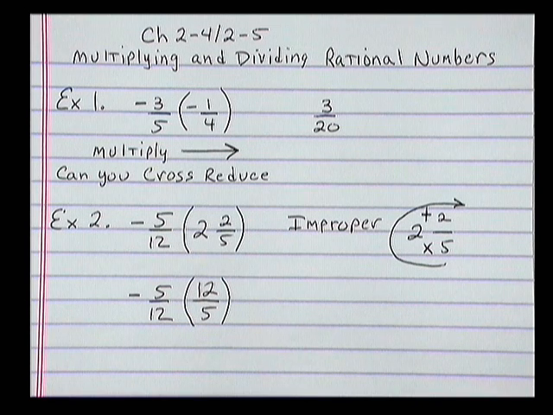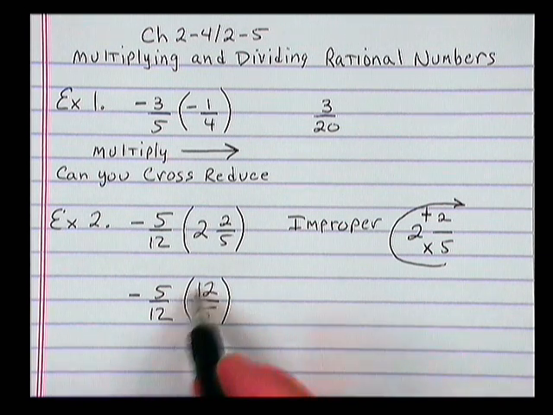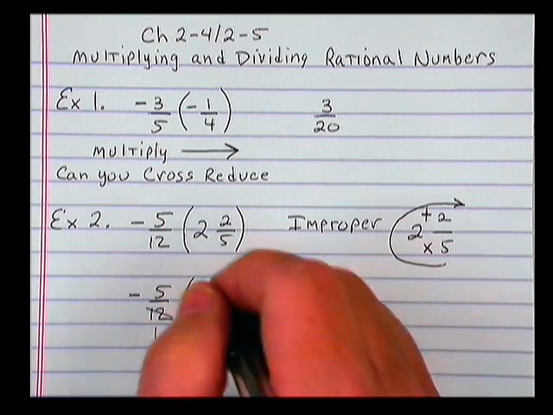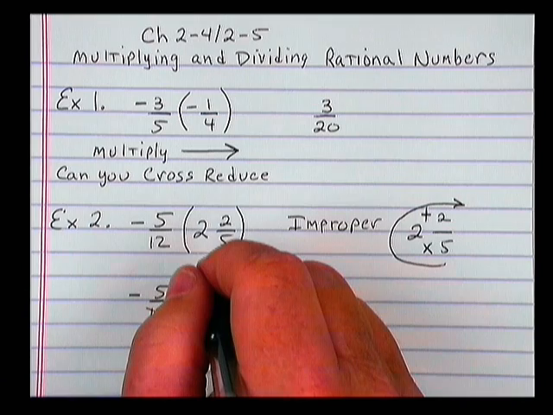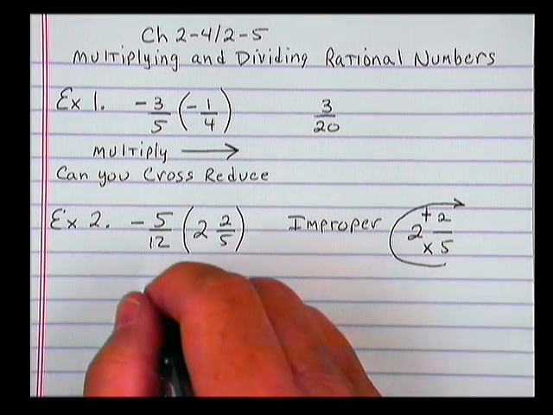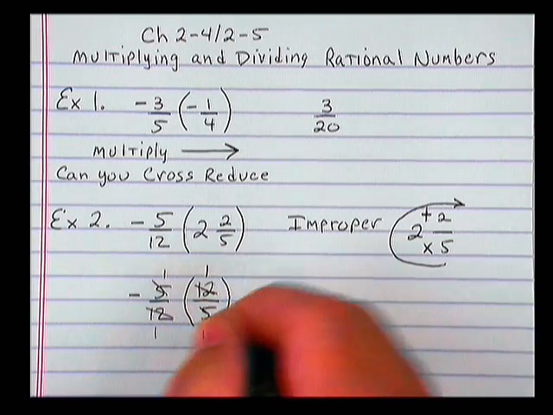Once again, I ask myself, can I cross reduce? This time I can cross reduce. 12 divided by 12 is 1. 12 divided by 12 is 1. Divide by 5, both these numbers. 5 divided by 5 is 1. 5 divided by 5 is 1.